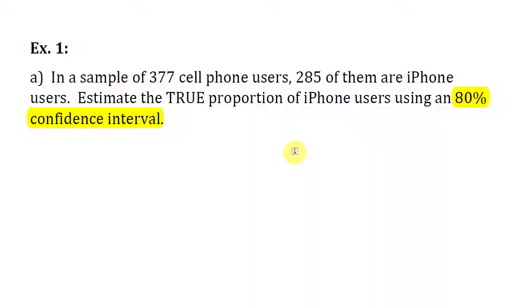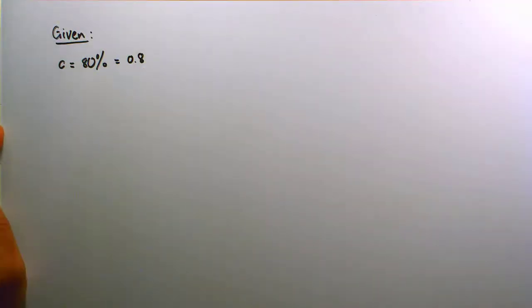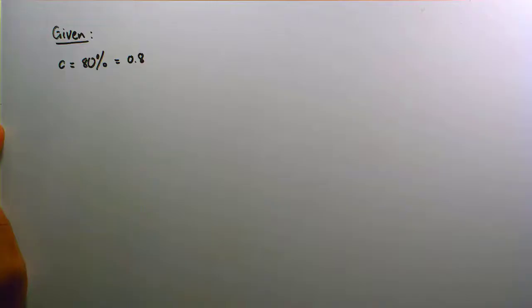So confidence level here is 0.8. The next piece of information, right from the beginning, in a sample of 377 cell phone users, and among those cell phone users, we found the count here is 285 of them are iPhone users.